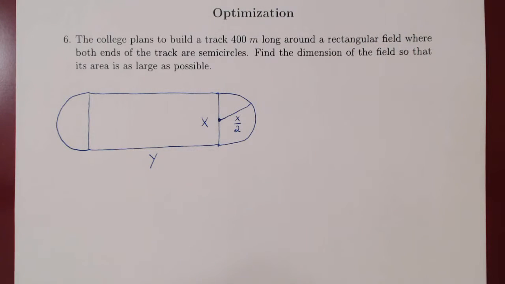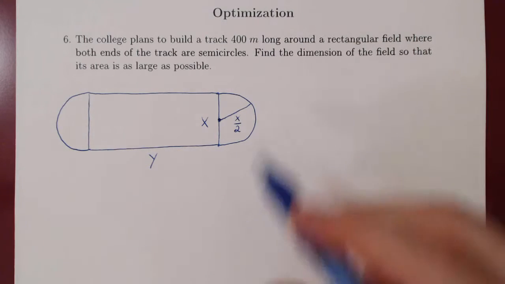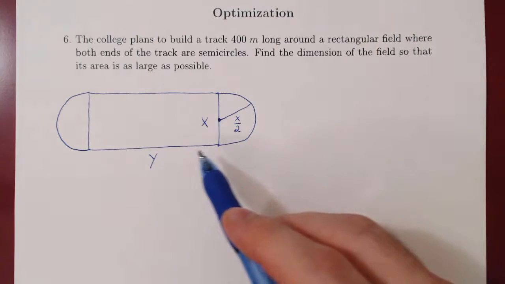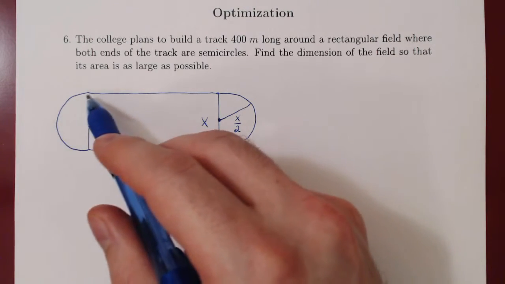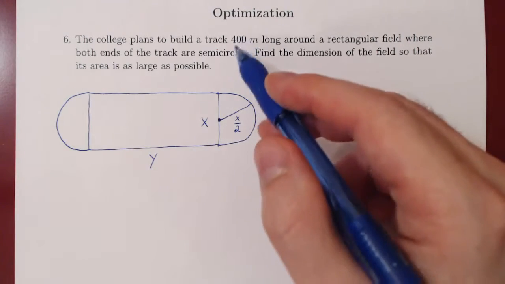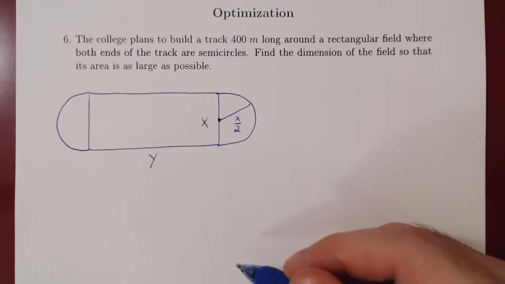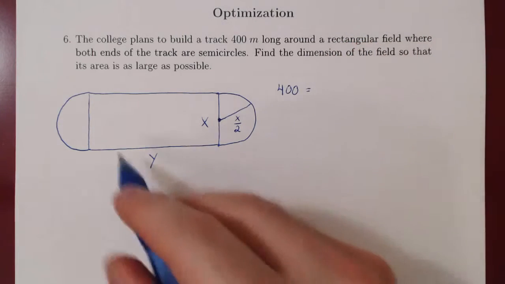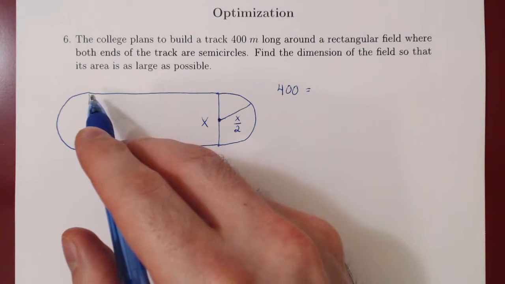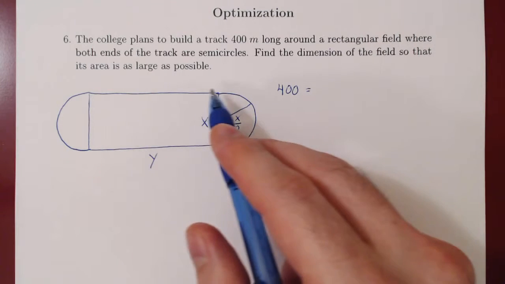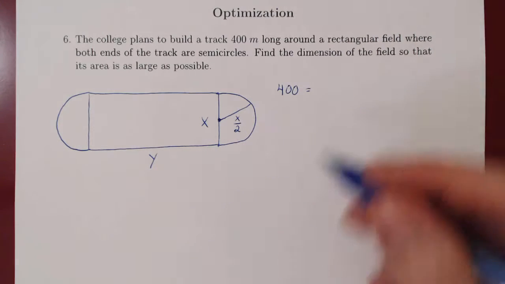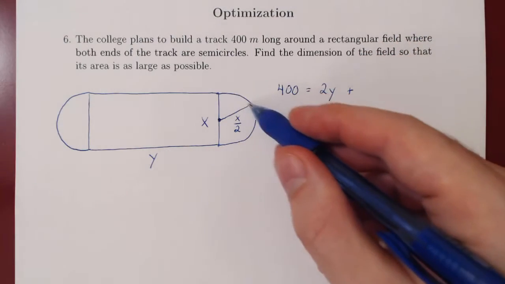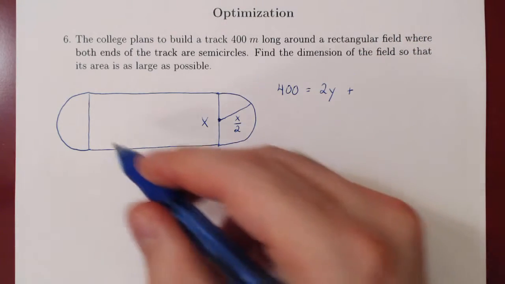Okay, so now let's see. What do we know? We know that the perimeter of our picture, being the length of the track, is 400 meters long. Well, what is the perimeter? All right, 400 is our perimeter. Well, look at the two pieces on the rectangular field. There's this part and this part, so it's twice y, plus this semicircle plus this one.